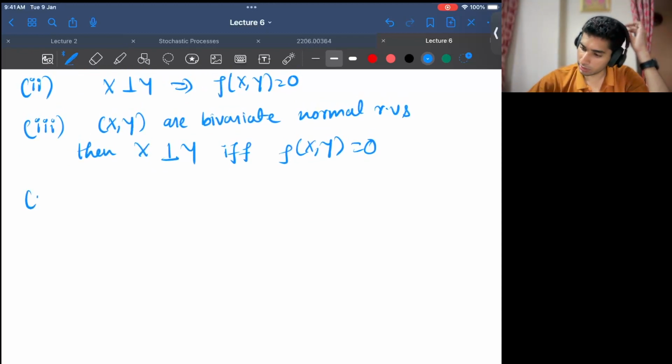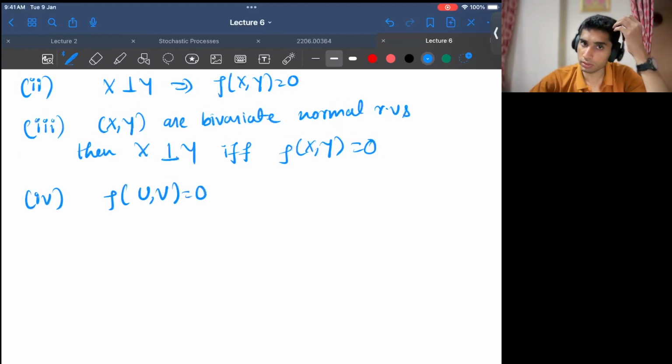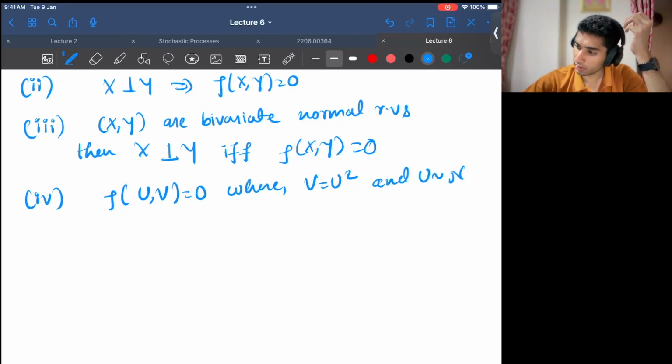And the fourth statement is: rho of u comma v is equal to 0, where v is equal to u square and u is a standard normal random variable.